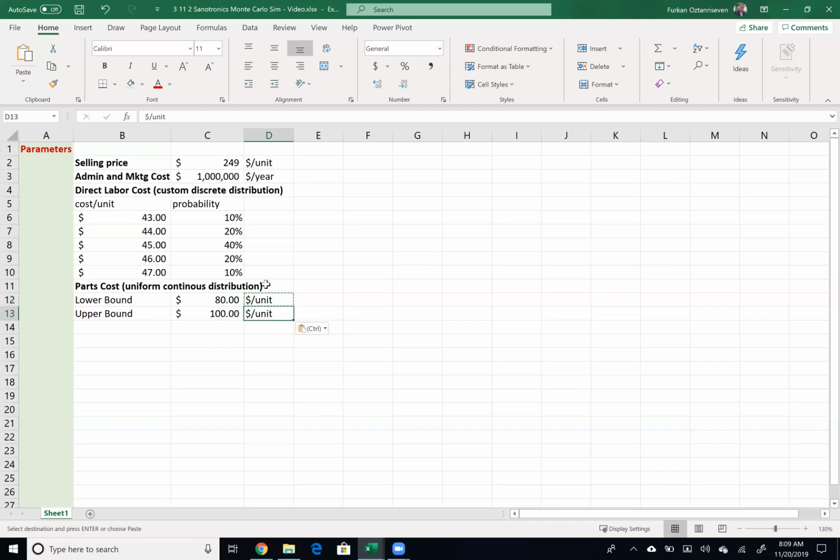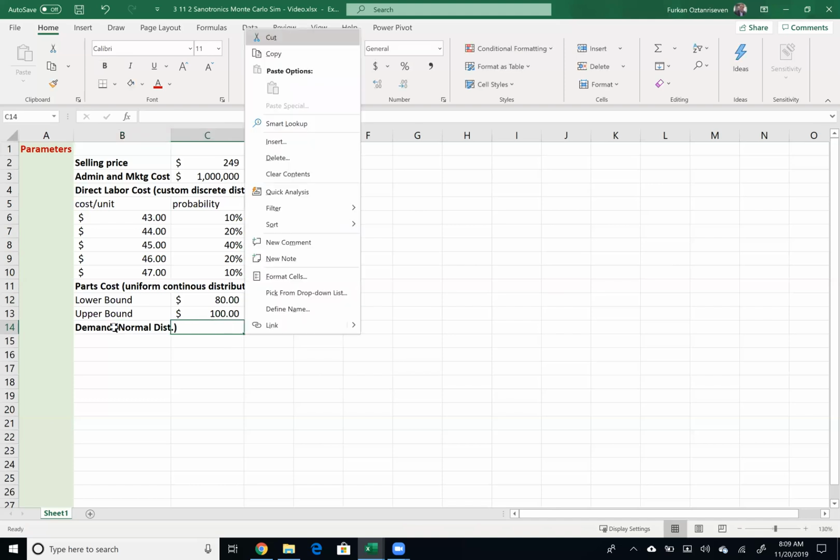Control C, Control V. So now another random variable here is the demand. Okay, and the demand is based on a normal distribution.